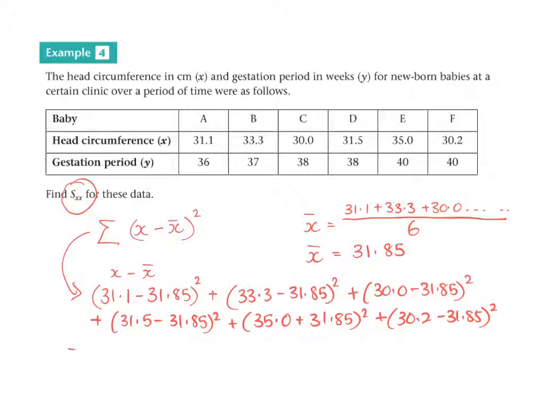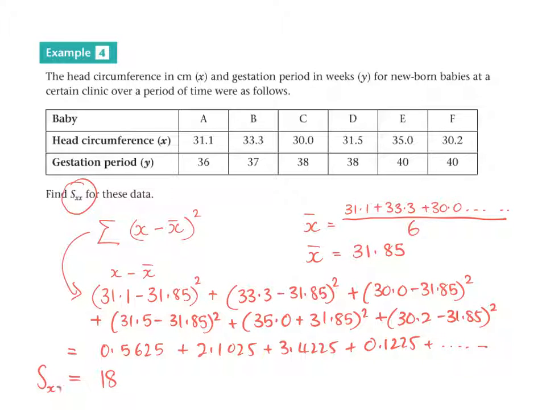When you calculate those all out it's 0.5625, 2.1025, 3.4225, 0.1225 plus all the other ones, and eventually that comes to 18.855. So SXX is 18.855. So that's the quantity we've calculated.